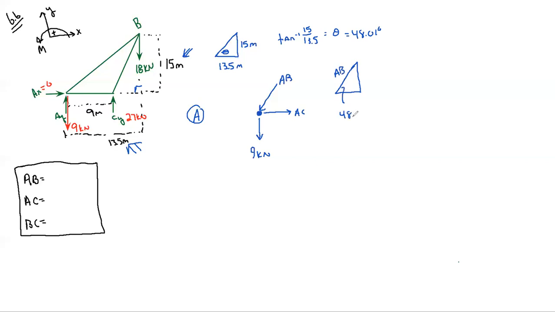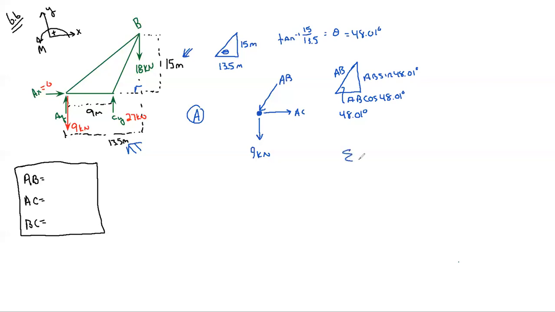That's 48.01 degrees. That means that the adjacent is AB cosine 48.01 degrees, and the opposite is AB times sine 48.01 degrees. We can use our equilibrium equations now.